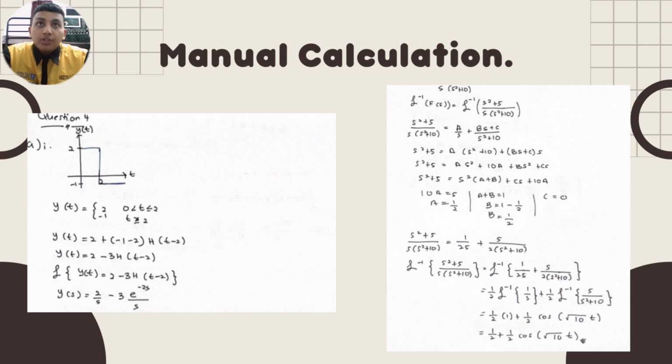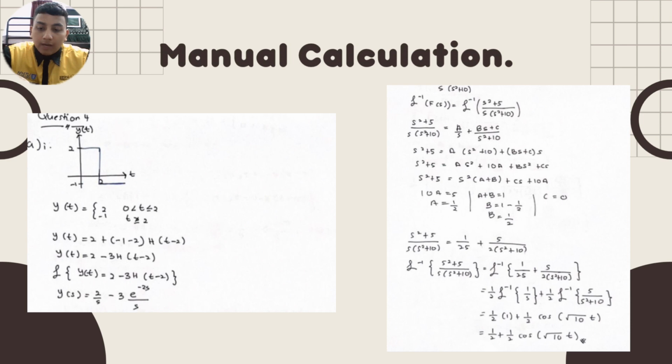So A(s squared plus 10) plus (Bs plus C) times s equals s squared plus 5, which is A s squared plus 10A plus B s squared plus Cs. Simplifying, we get A is 1 over 2, B is 1 over 2, and C is 0.